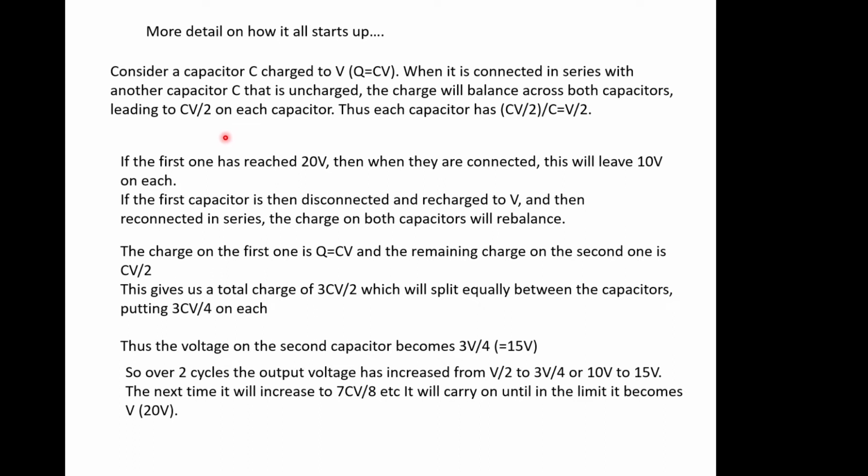And that's what's going on in these charging circuits. Because we're switching capacitances in, the first one reaches a voltage, and then we switch in the second one in parallel with it, and that will go to half the voltage, and then that holds that voltage while the other one is charged up again, and it keeps pumping it through.